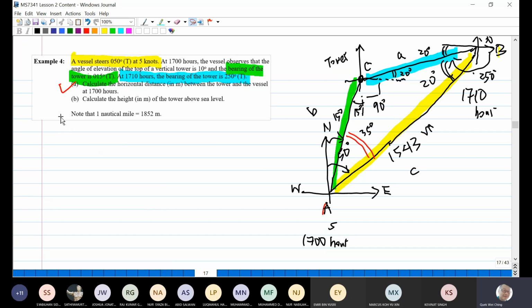Part A is looking for AC now. Okay, I can use the sine law. So which is actually B equal to what, right? So I can use B over sine B here, and then I can use A over sine A here.